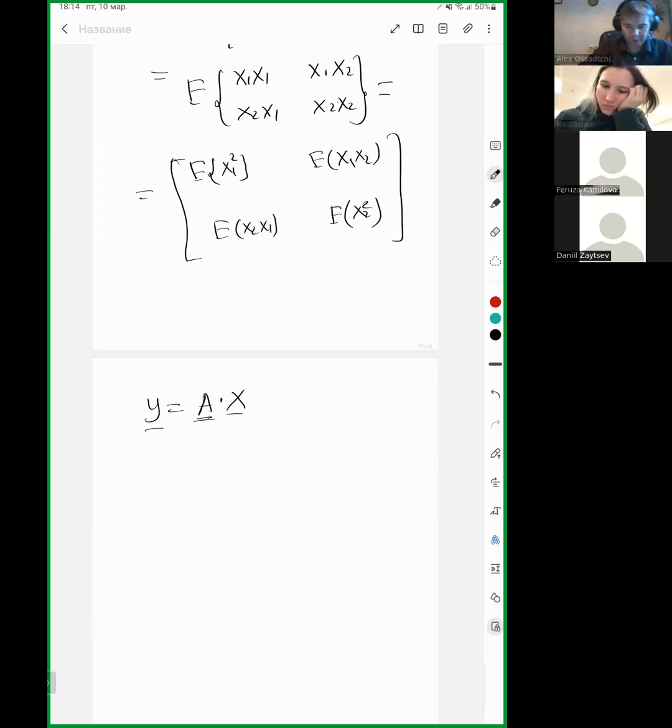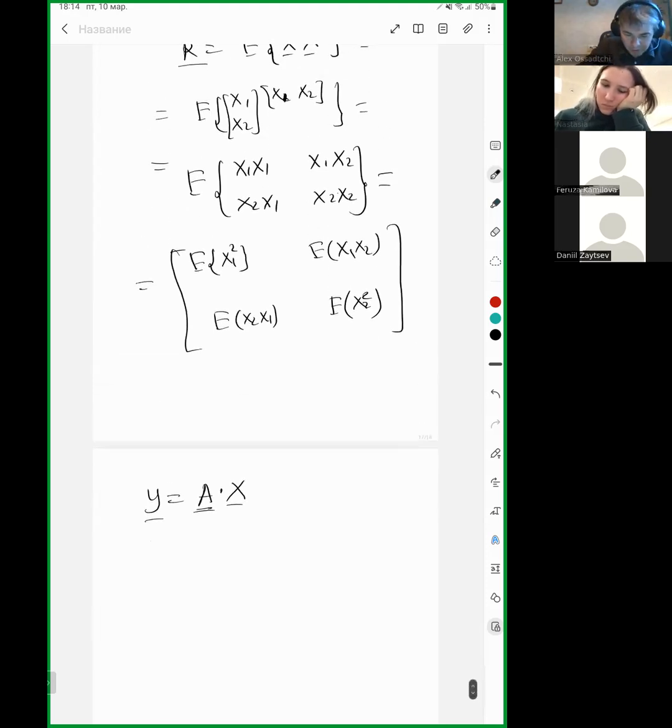Let's see what the covariance matrix of Y will be if we know the covariance matrix of X. The covariance matrix of Y is the expectation of this product: Y1 Y1, Y1 Y2, Y2 Y1, Y2 Y2. So let's substitute it.